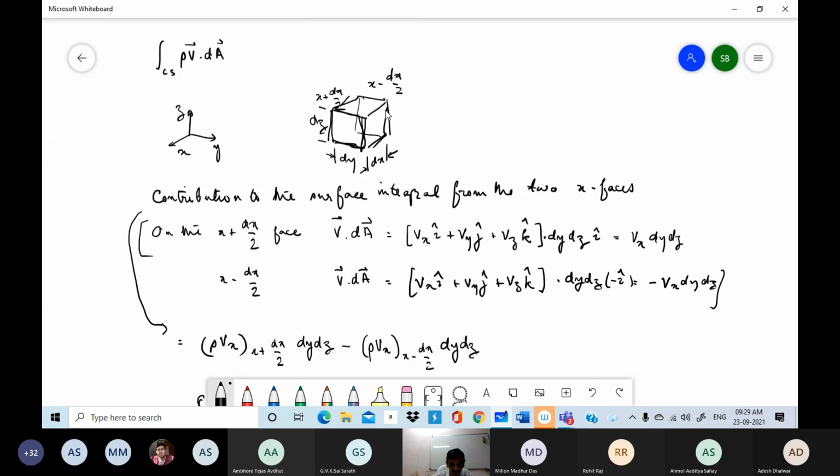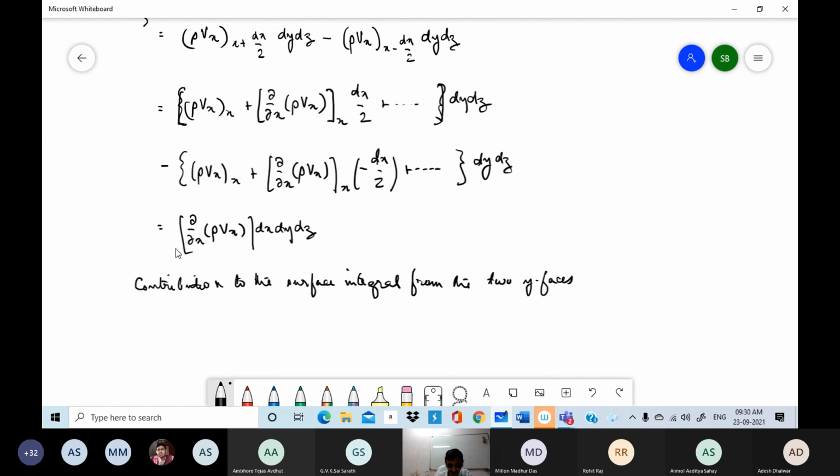So if I look at the y faces, the normal to the surfaces are in the y direction. So therefore, when I take the dot product with v, it is the y component which will make a contribution, which is expected. That outflow, so this represents outflow of mass. Outflow of mass is because of velocity perpendicular to that surface. So from these faces, it will be because of vy.